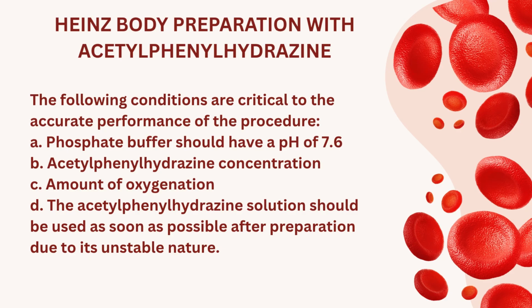Acetylphenylhydrazine concentration: the amount and speed of Heinz body development will increase with increased concentrations of acetylphenylhydrazine. A decrease in the ratio of reagent to red blood cells will decrease formation. Therefore, in the presence of anemia, the concentration of red cells should be adjusted to near normal values.